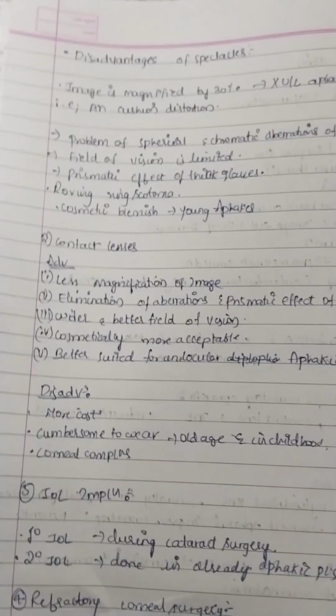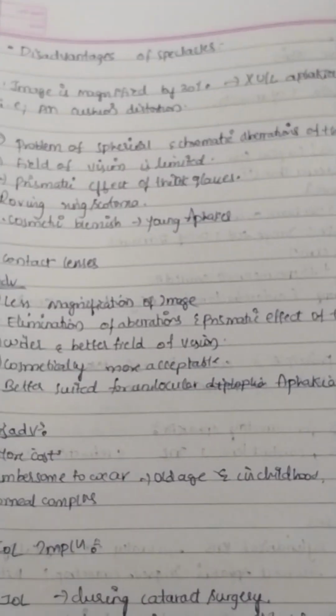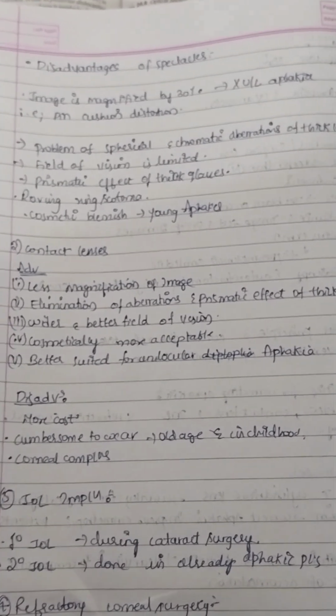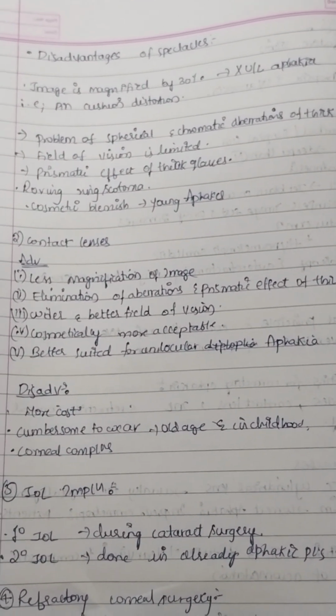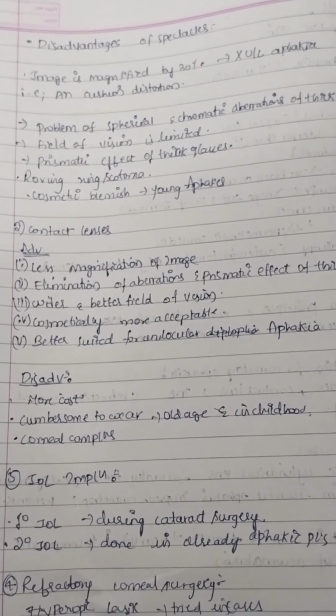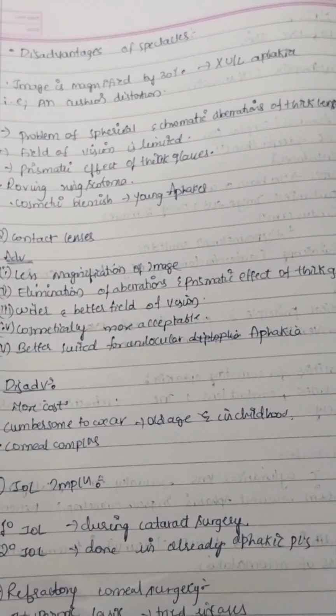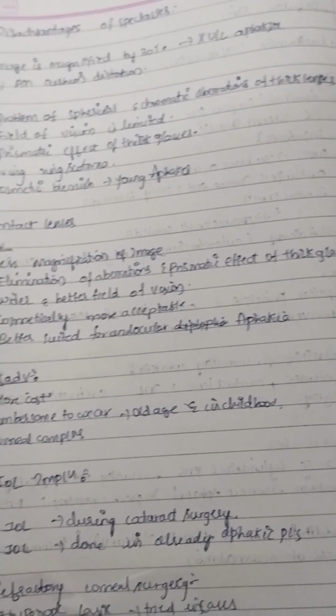So what are the disadvantages of using spectacles? Image will be magnified by 30%. For unilateral aphakia you can't use that, because of pincushion distortion. There will be spherical aberrations and chromatic aberrations of the thick lenses.